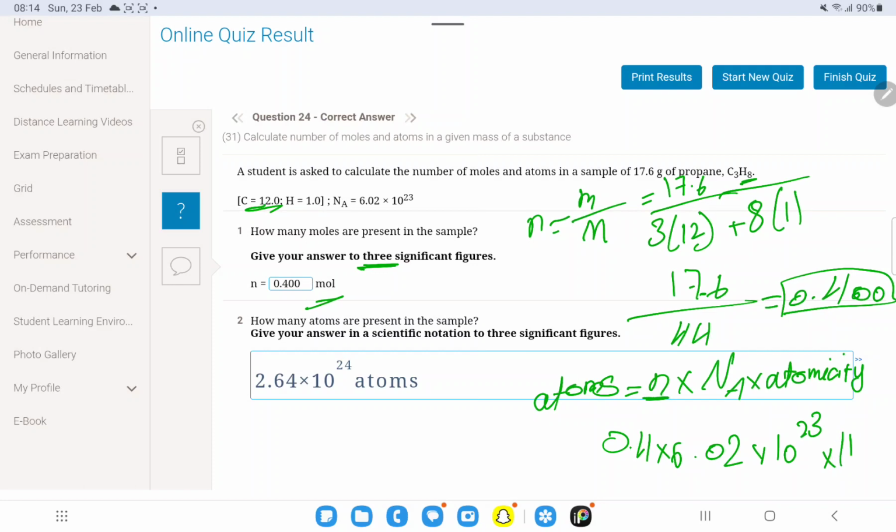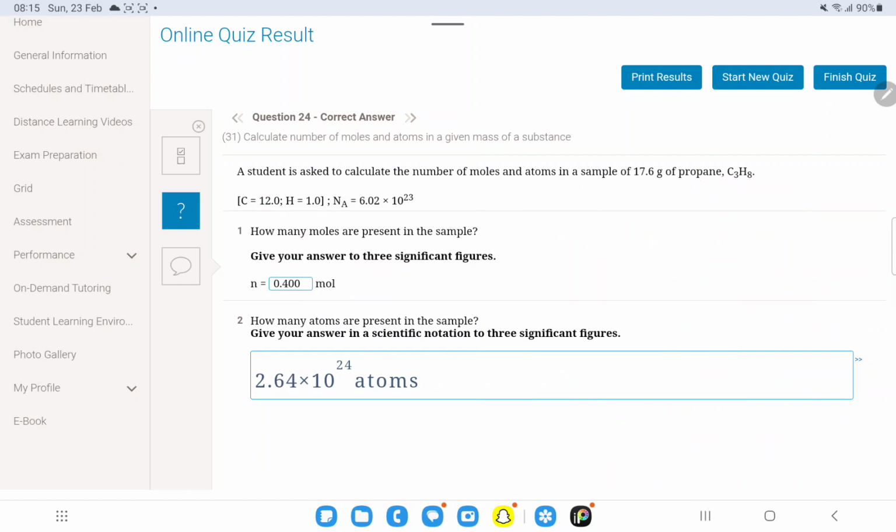You put it in your calculator. You get in the calculator after we do N times Na times Avogadro times atomicity.